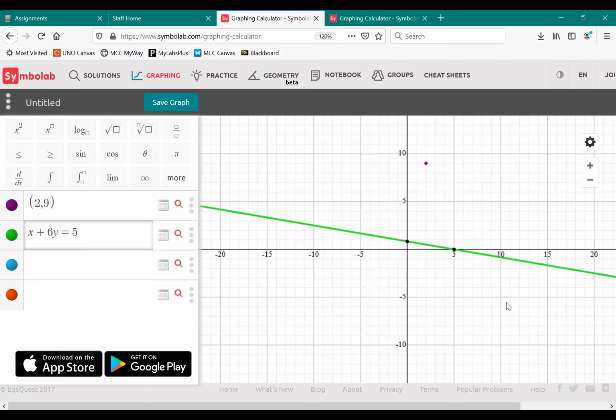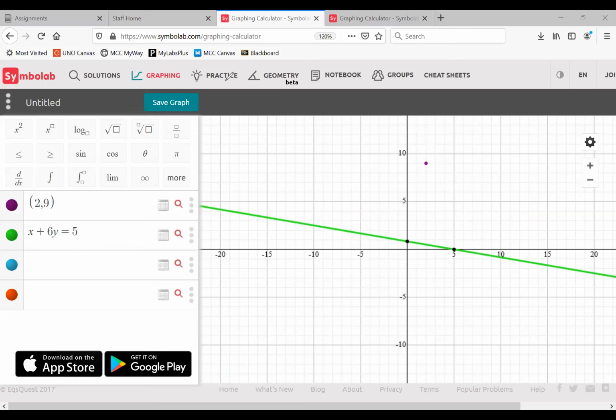So at least visually I'm trying to picture what we're looking for. I'll just do a rough sketch here. Parallel means it's not going to cross, so these lines will have the same slope. I haven't found the slope of this line yet, so that's something I'll need to do. And this is what it will look like. I'll try to sketch a parallel line that's passing through this point (2, 9).